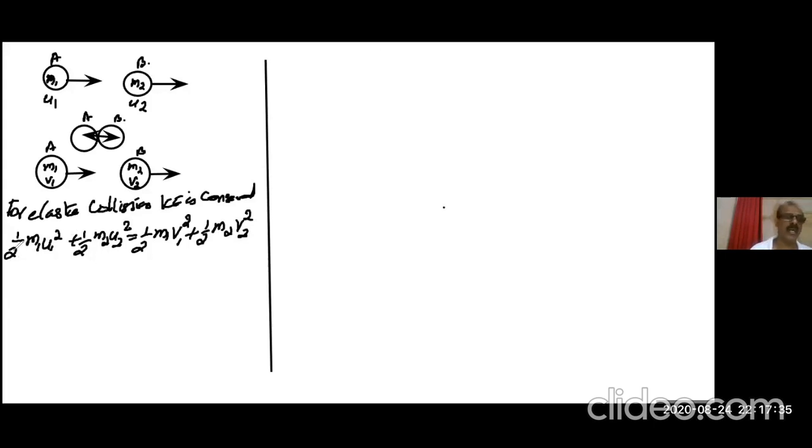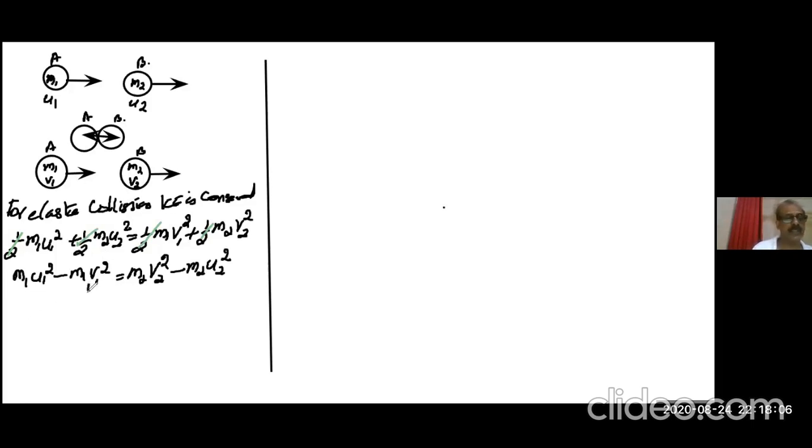Then m1 u1 squared minus m1 v1 squared is equal to m2 v2 squared minus m2 u2 squared.